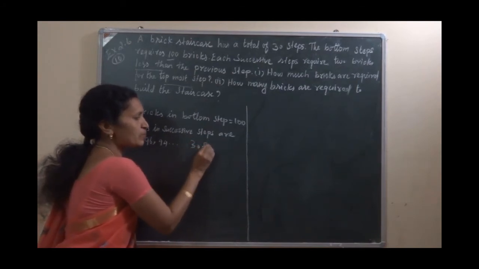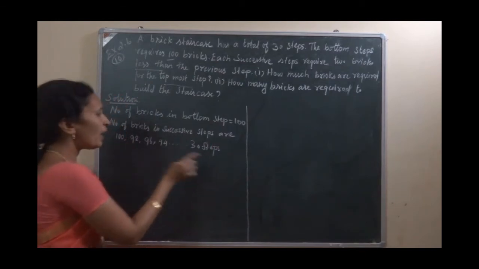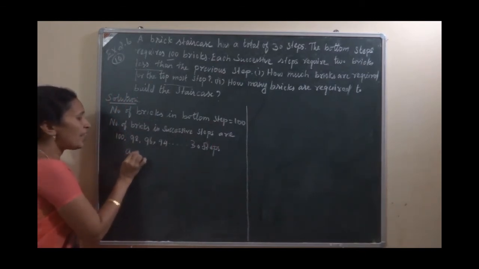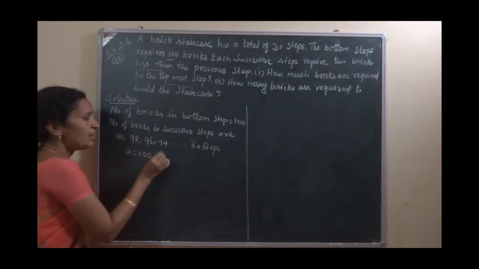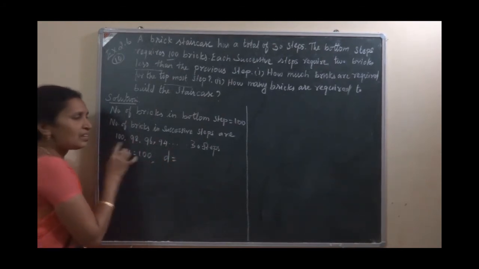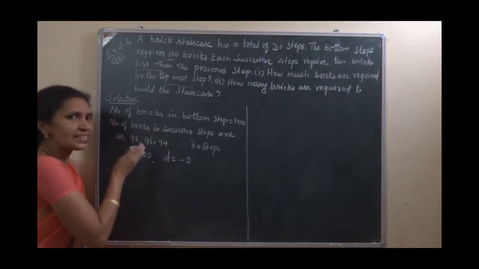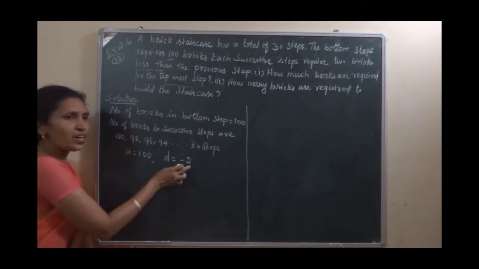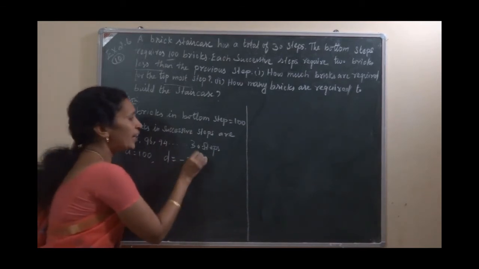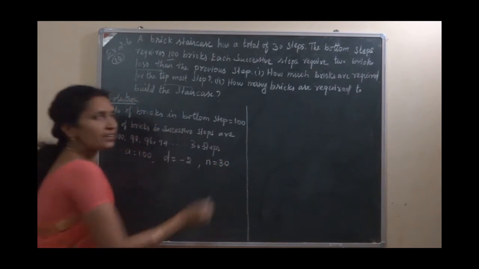Now here A is 100, D is 98 minus 100, that is minus 2. Otherwise you can think 2 bricks less, so minus 2. Here n is 30.